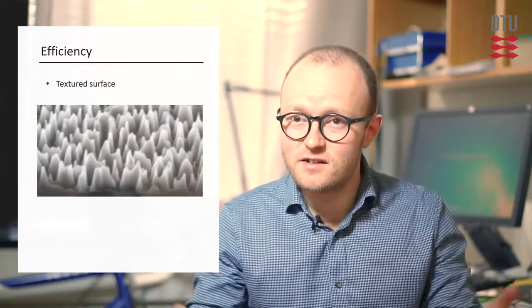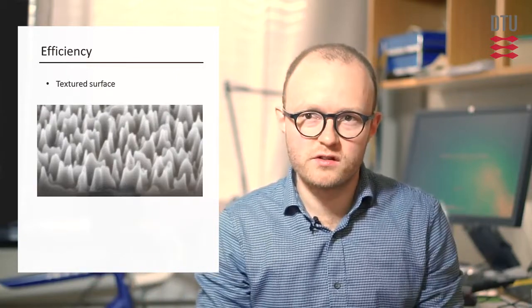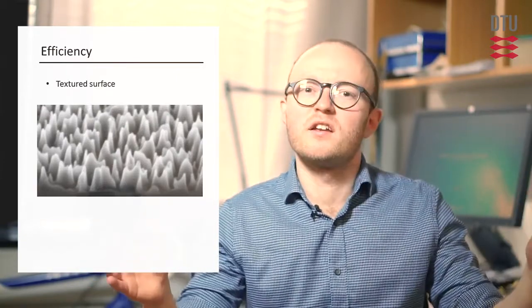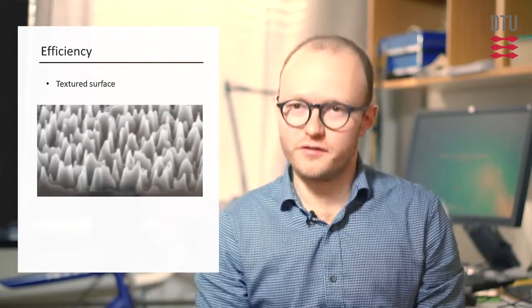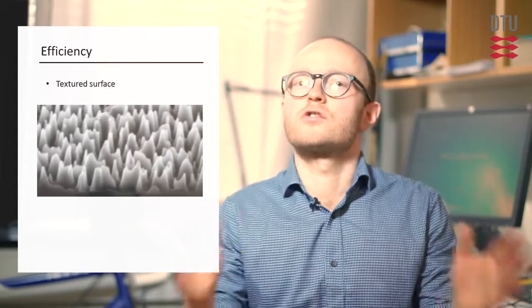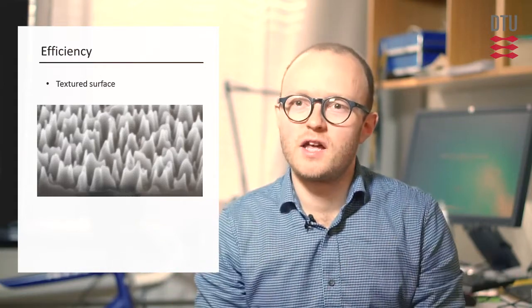That's of course nice, and it's a very interesting feature of these nanostructures. But when you do that, and if you do nothing else, you've also electrically completely ruined your surface. You've created a much larger surface area with a lot of dangling bonds, and that means a lot of surface recombination. So you enhance the optical properties and you degrade the electrical properties. So we have to do something in addition to that.